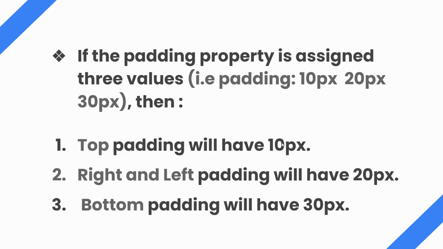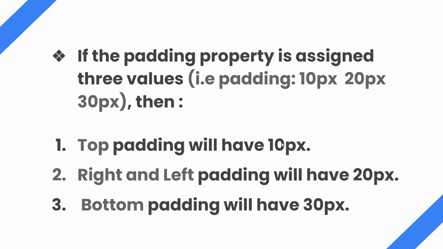Next we have the occurrence of three values. If the padding property is assigned three values, that is, 10 pixels, 20 pixels, and 30 pixels, these values are also shared among the four properties, since the padding property is a shorthand for the four properties we've talked about before. Here, the top padding will have 10 pixels, the first value.